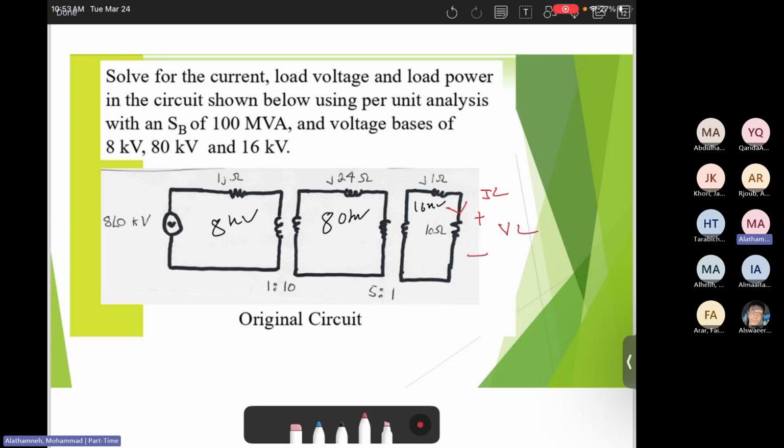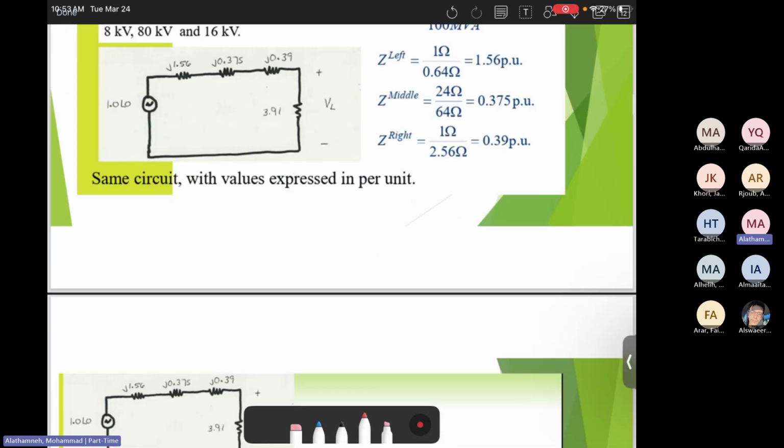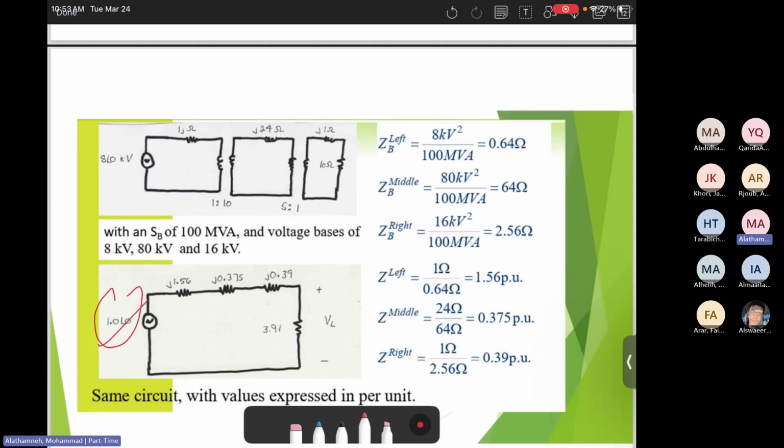So the first thing, start with this source. This is 8 kilovolts divided by 8, which will be 1 per unit. So this source will be 1 per unit. For the other ones, let's calculate the impedances. Again, this is 1 per unit, correct? To calculate the impedances, we need to calculate the Z base.